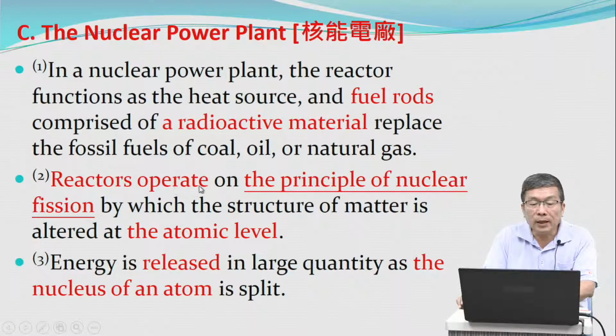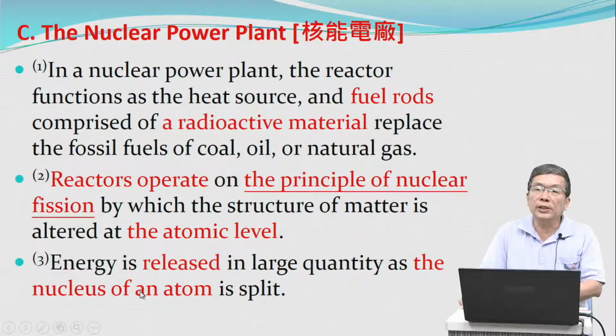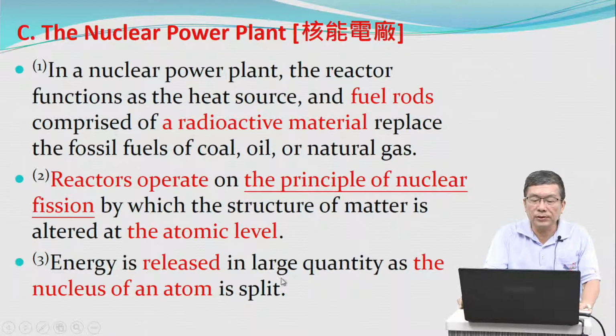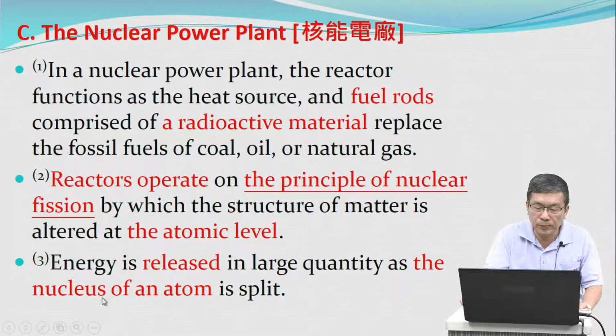The reactor operates on the principle of nuclear fission, by which the structure of matter is altered at the atomic level. The energy is released in large quantity as the nucleus of an atom is split.